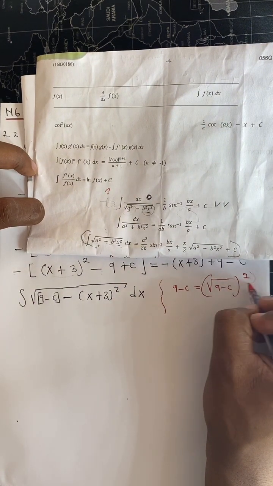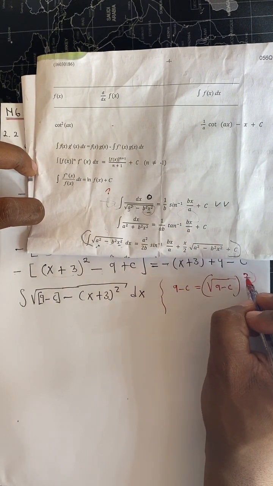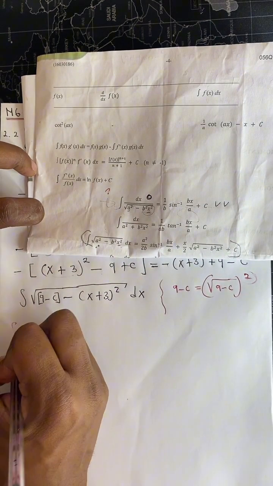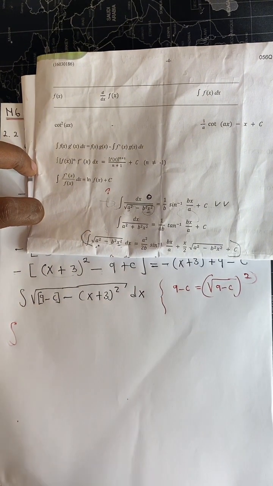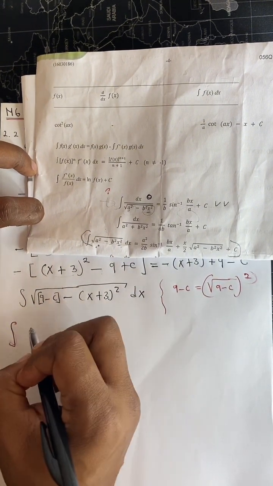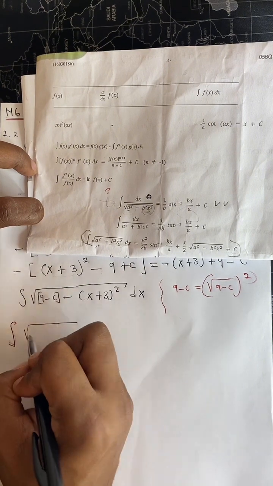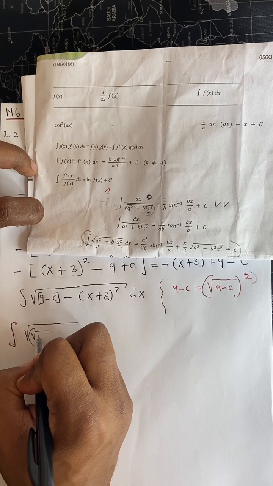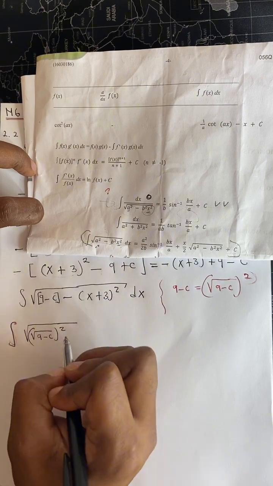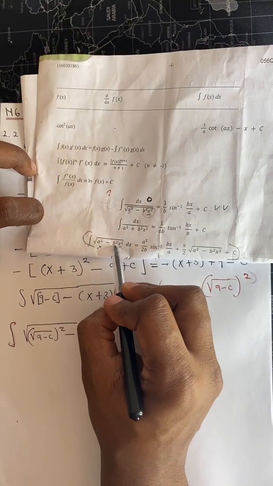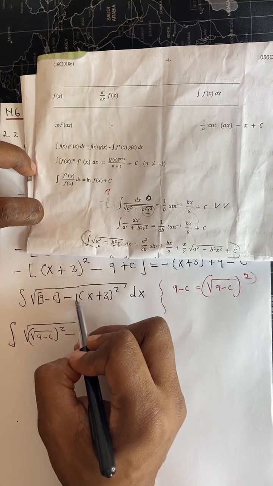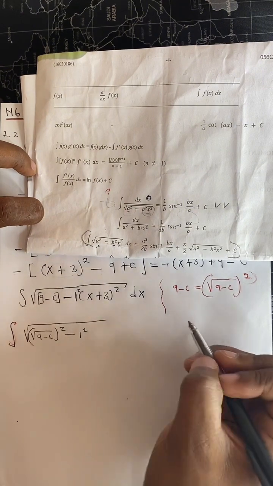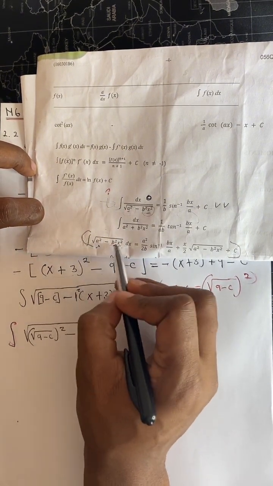We have to introduce this square root so that this can be equals to this 9 minus c. So this will be the integral of the square root of 9 minus c squared minus, and we have b there, so we have 1 there, so we can just say 1 squared, which is equals to 1. We are trying to rearrange it in that form.